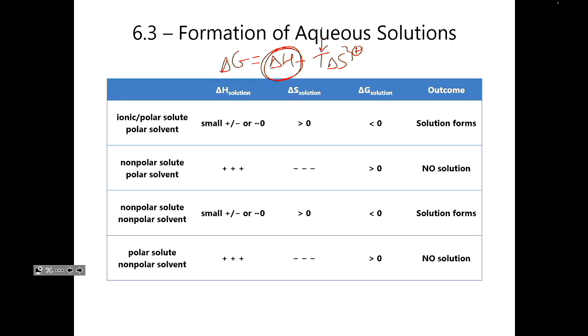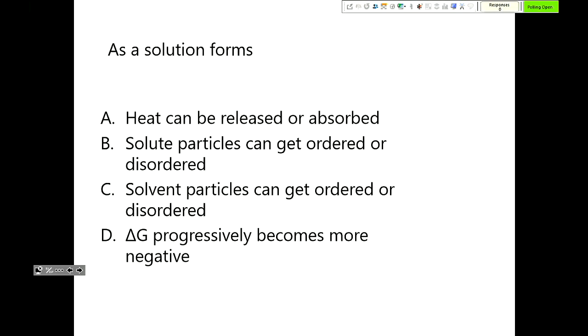And then you can analyze the exact converse of that, nonpolar with nonpolar, for exactly the same reasons the solution will form, and polar with nonpolar was pretty much the same as up here. No solution will form. Okay? All right. So as a solution forms, heat can be released or absorbed.